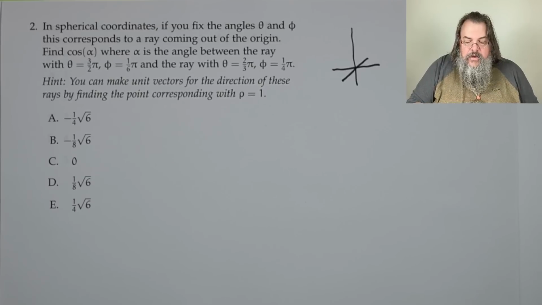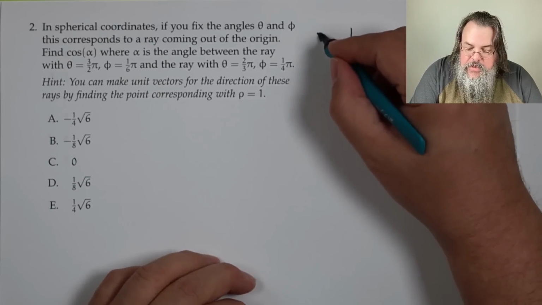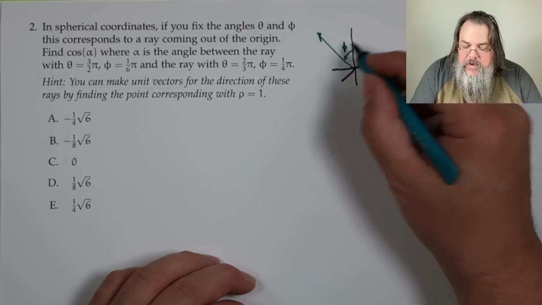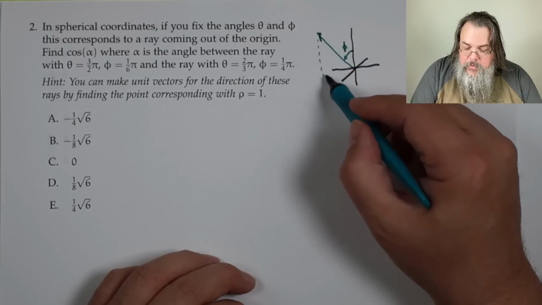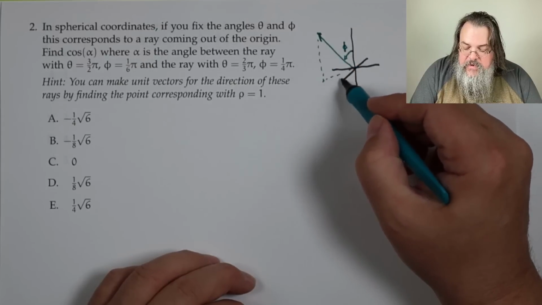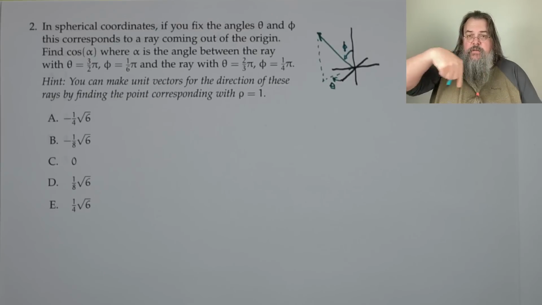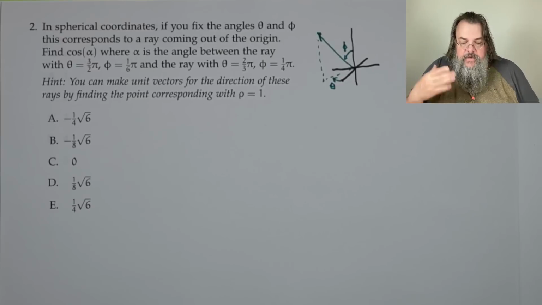And so you have this ray coming out of the origin. Phi, that was the specification of how far off from the positive z-axis you go. And then theta, that's the specification of how much you move in the xy plane, how much you've spun. And so, yeah, if you fix theta and phi, you get a ray.